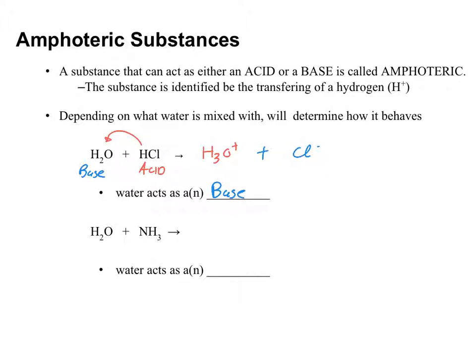Now, on the product side, which product most looks like the HCl? The Cl minus. It's the Cl minus because it lost a hydrogen. So that means this is going to be the conjugate base.